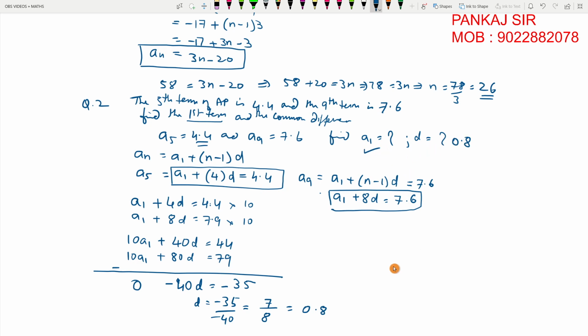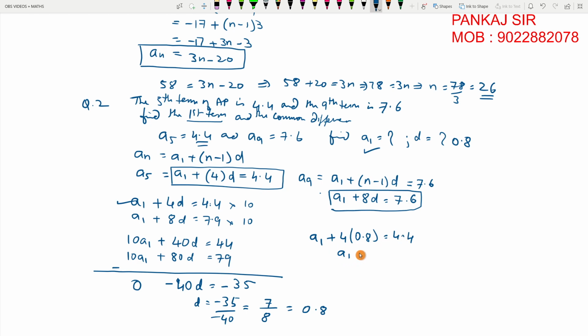Now I want this a1. So in any one formula, suppose I take this one, in this I'm going to put the value of d. So I'll get a1 plus 4d, now d is 0.8, so I'll put 0.8 times 4, equals 4.4.